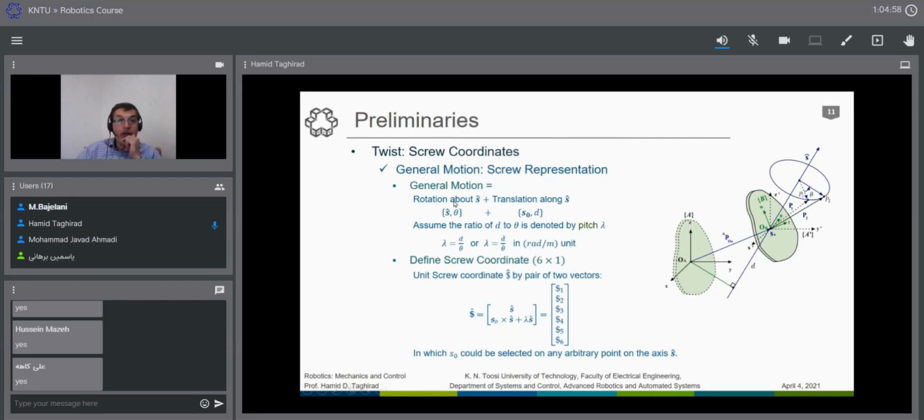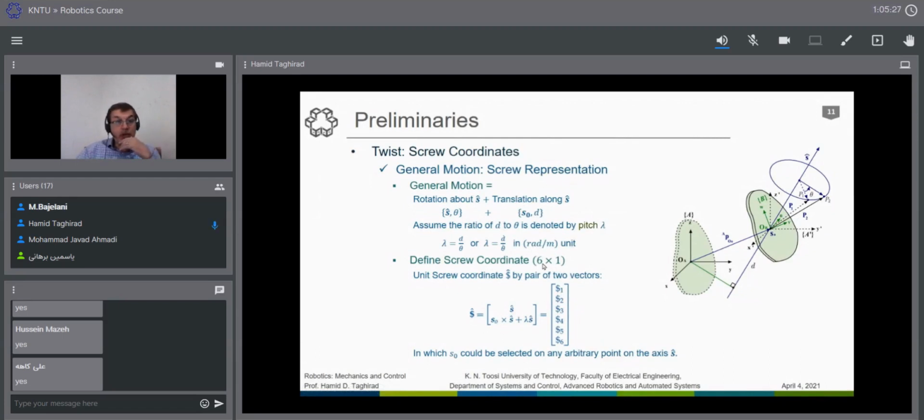Okay, now that we have the pitch, we have the translation, and we have the rotation, we are defining a new concept, which we call twist. This is a 6 by 1 vector, or tuple, let's say. We usually have 3 by 1 vectors, like position, acceleration, force, torque, everything that we have used has only 3 coordinates, x, y, z.